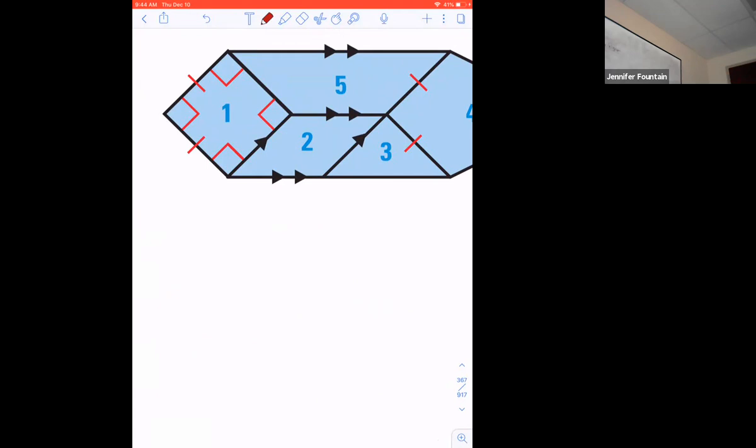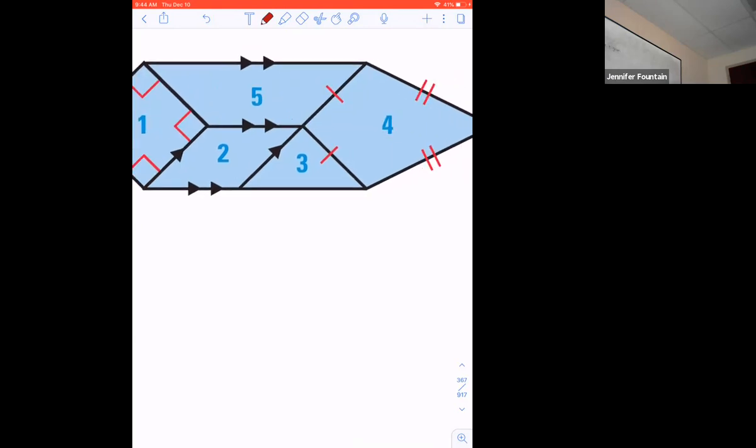It's going to be a parallelogram. 2 pairs of parallel sides is a parallelogram. What is my formula for area of a parallelogram? A equals base times height. Base times height. Good.